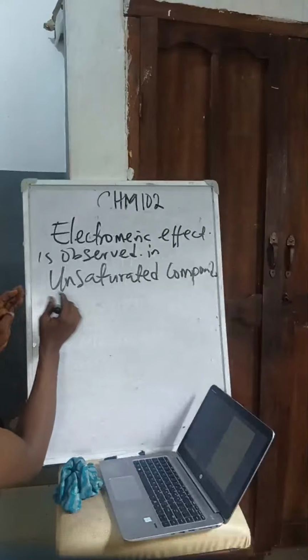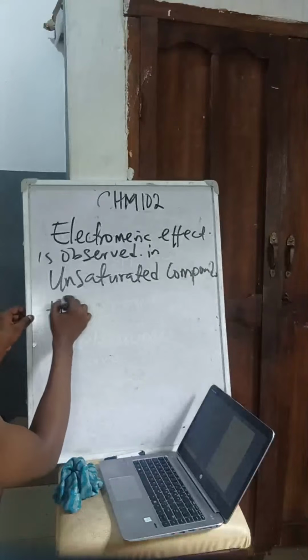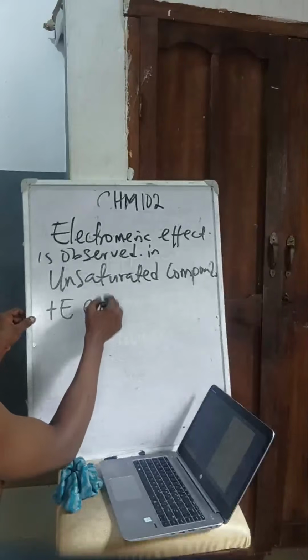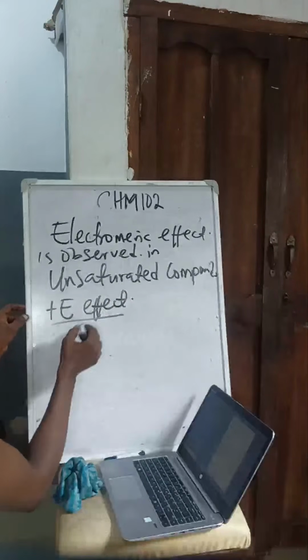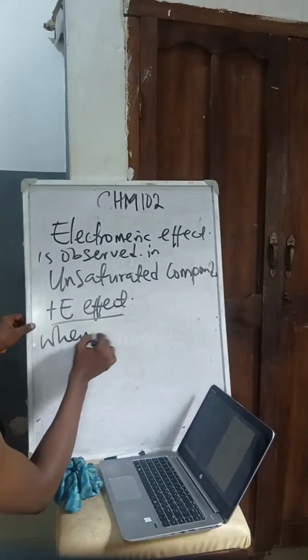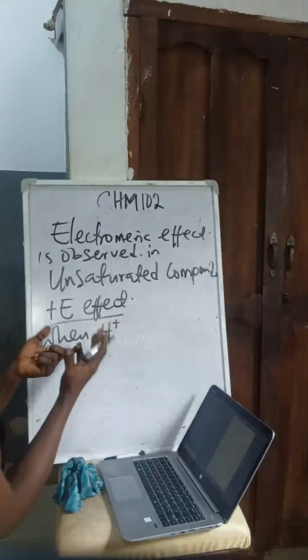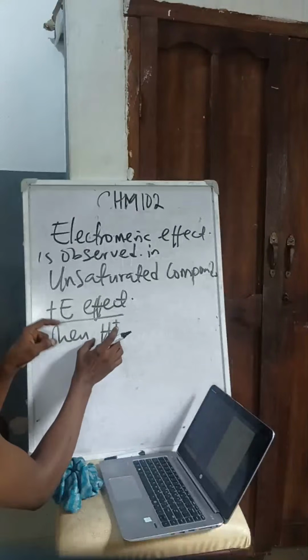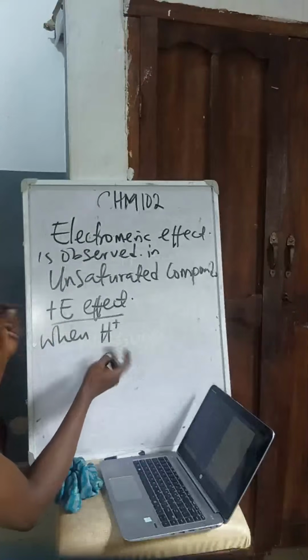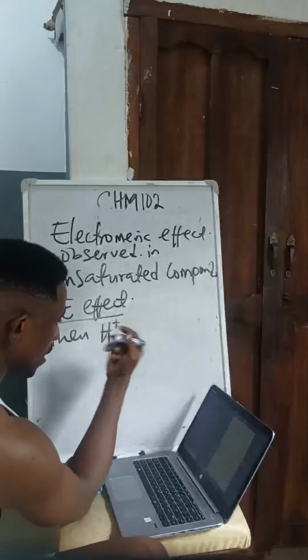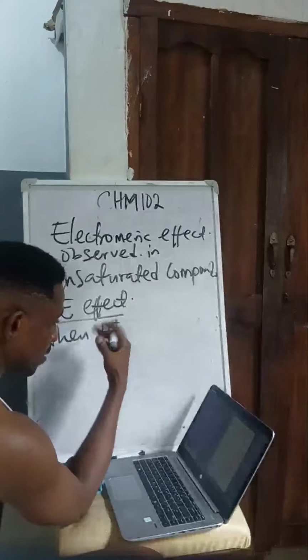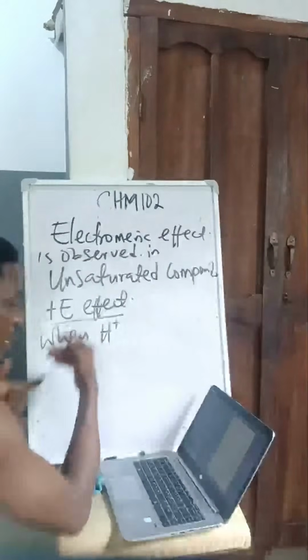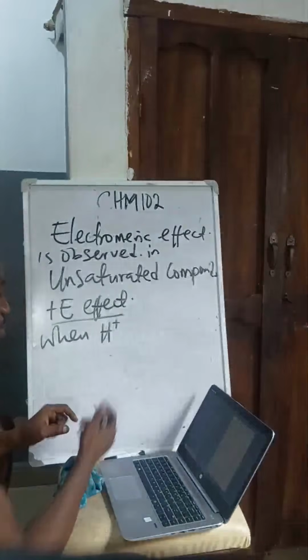Now, for positive electromeric effect, when an electrophile, that is a hydrogen plus, and hydrogen plus is an electrophile. Hydrogen plus doesn't have any electron, so it is electron deficient.